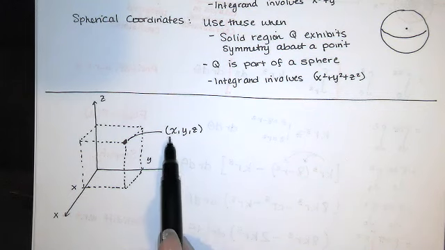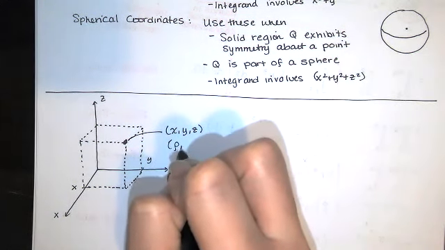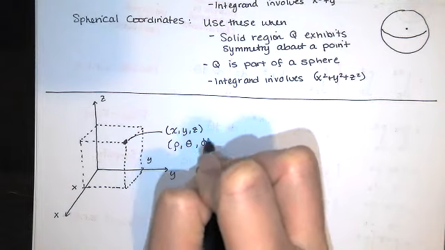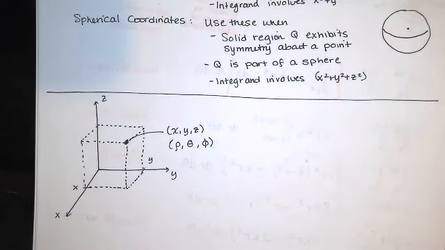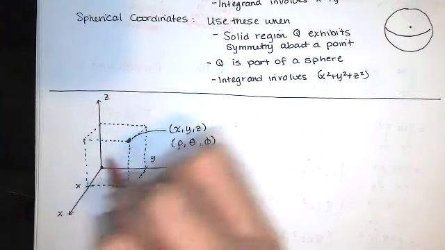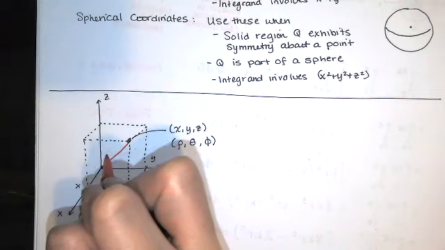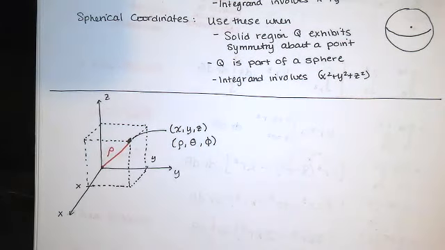Instead of writing this as an ordered triple x, y, z, I can write it as an ordered triple rho, theta, and phi. Now rho is not the directed distance, it's the strict distance from the origin. So that's my rho.